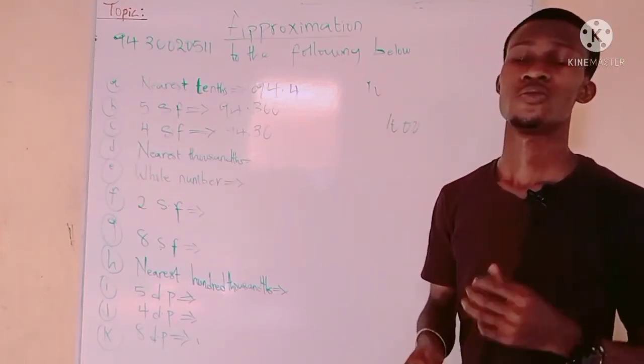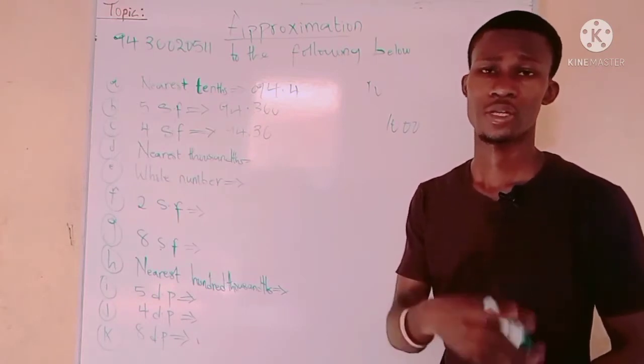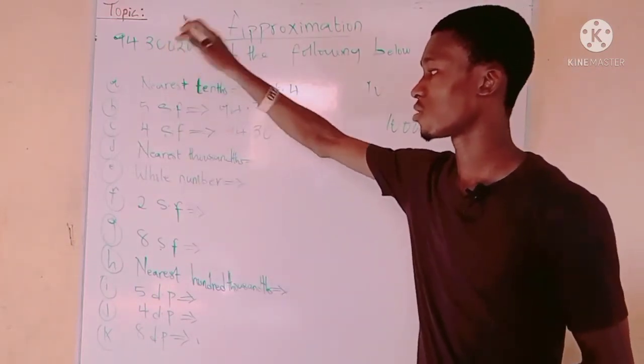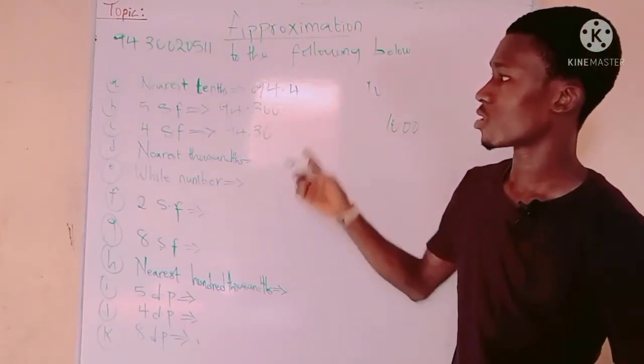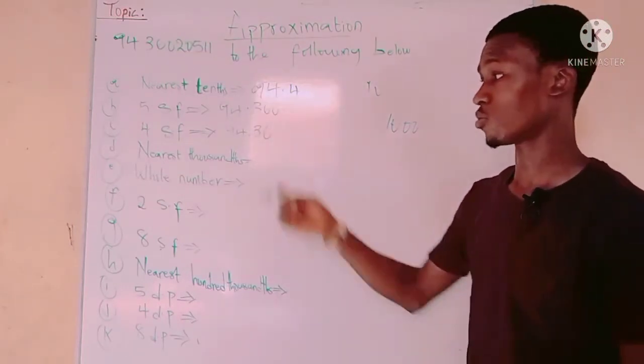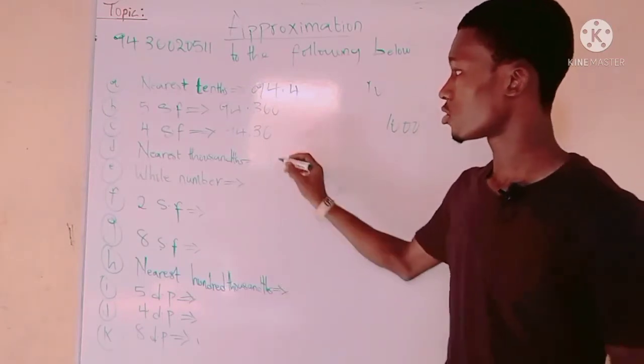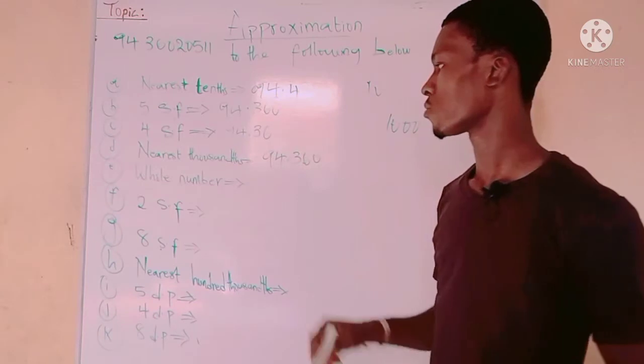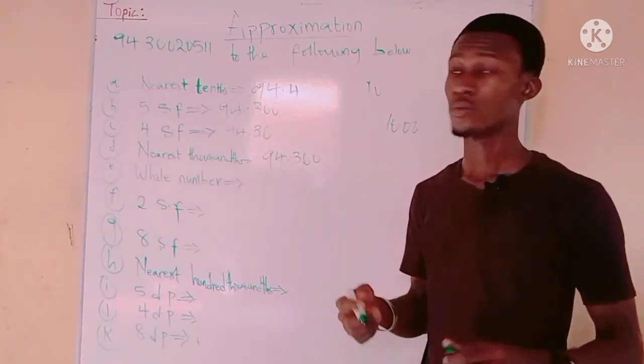So we're expecting to count only 3 digits after the decimal point. Those 3 digits are 360. So the answer we got for 5 significant figures is the answer for the nearest thousandth: 94.360.